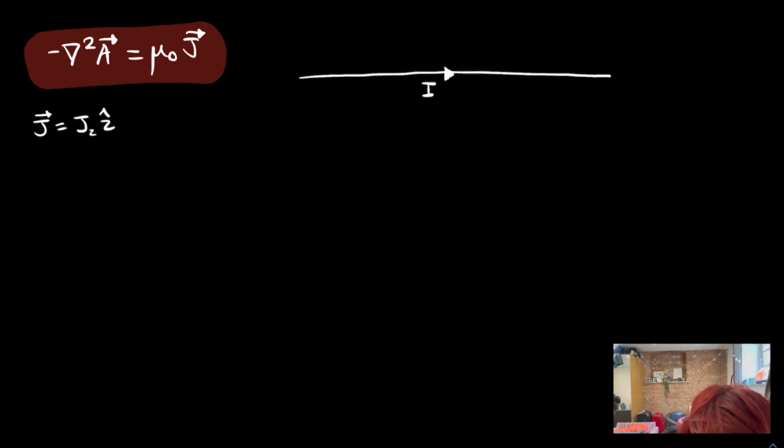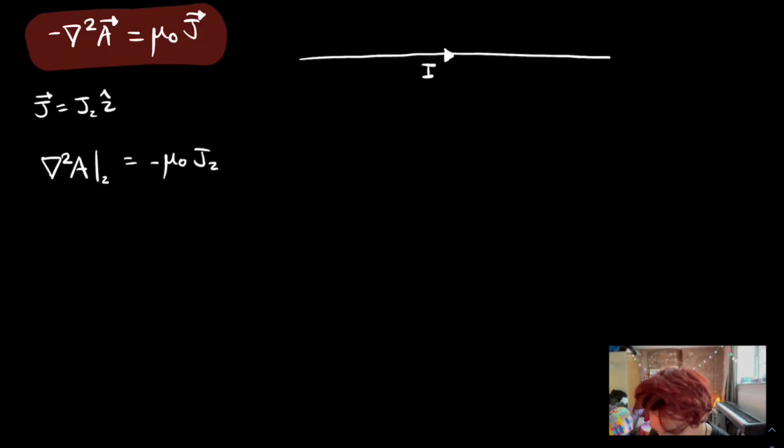And so what we can do is we can actually demote this equation into a scalar form and say that del squared of A, but only looking at the Z component, is equal to minus mu naught times jz right here.